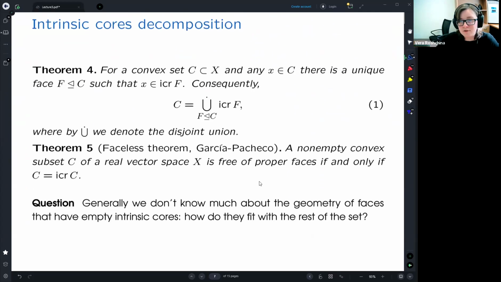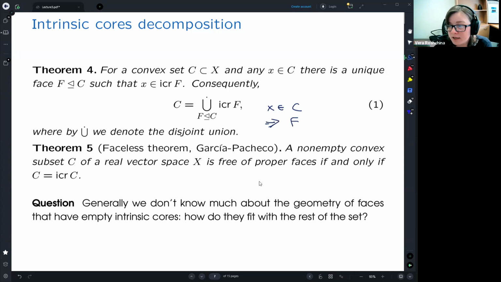However, some things still work. So for instance, we have the decomposition into intrinsic cores. And this is the same as the decomposition into relative interiors of faces. So certain things still work. So if I take a point from my convex set C, then there will be a unique minimal face.